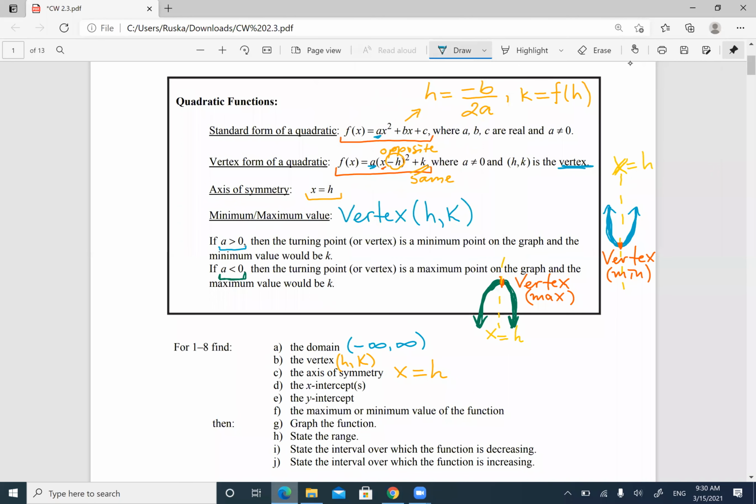Then the next one is finding the x-intercepts. For x-intercept, the y coordinate is 0 always.